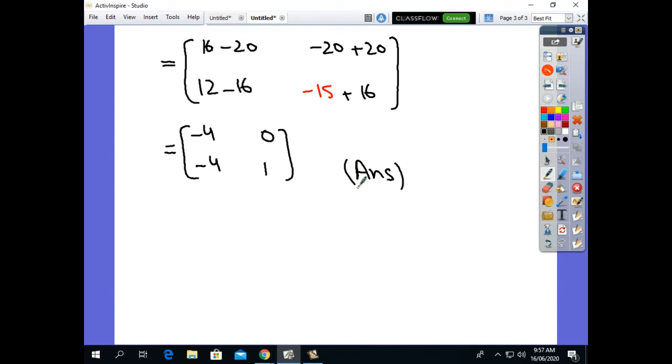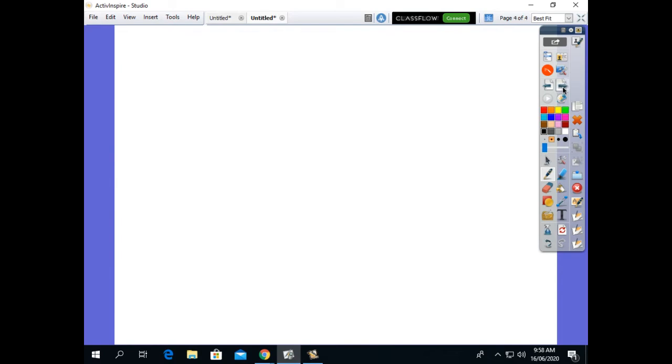Now, we come across question number 5. The question number 5 is, let A is equal to negative 1, 3, 2, 0.